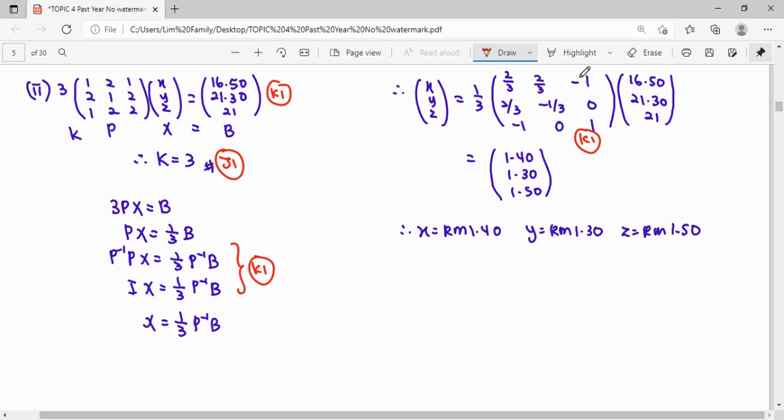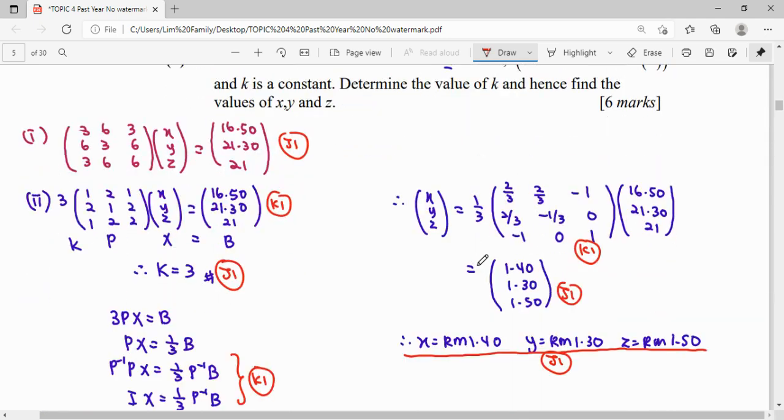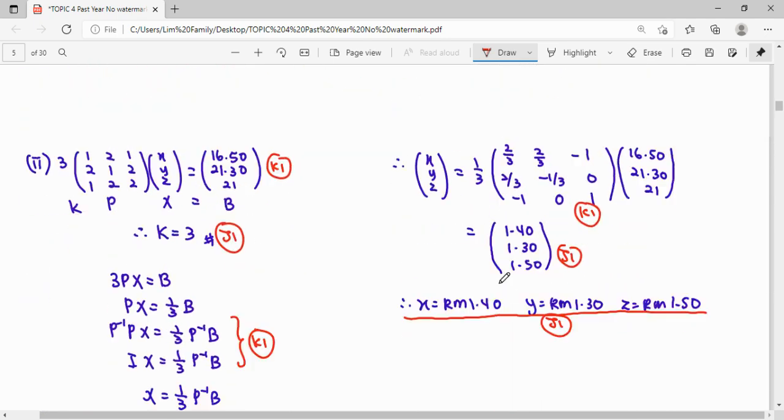We plug in our information, and straight away we can accept the answer. And take out the values from the matrices: x is 1.40, 1.30, 1.50, and apply back. So this is how we get our 6 marks: 1, 2, 3, 4, 5, 6.